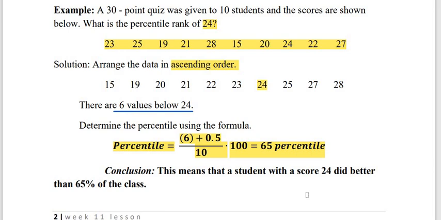The conclusion is, this means that a student with a score of 24 did better than 65% of the class. Ibig sabihin, ikaw na naka-24 na score, 24 over 30, is mas maganda ang iyong performance than 65% ng iyong kaklase.